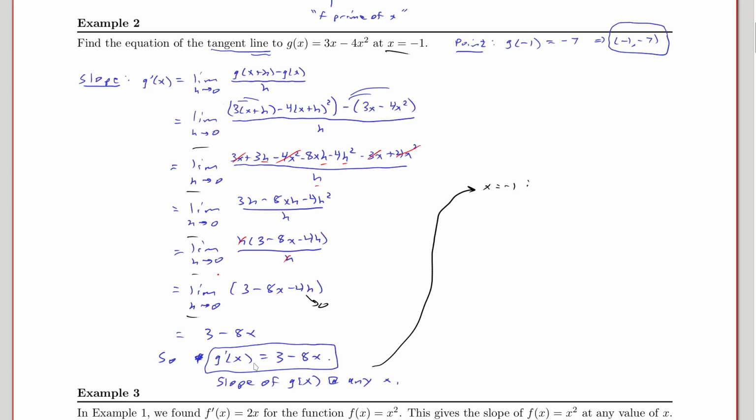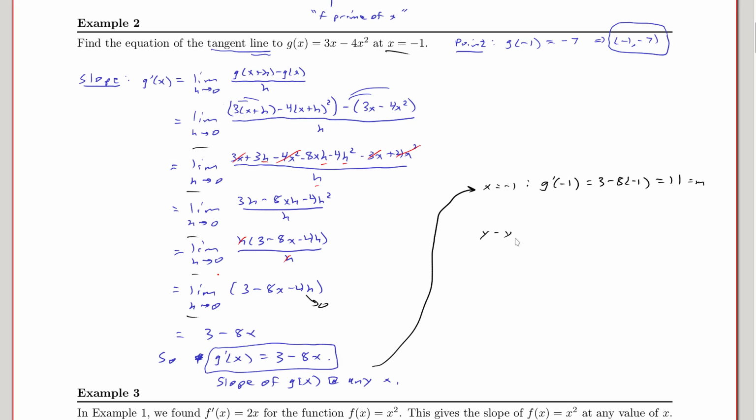And we use the derivative notation, the prime notation, the same way as any other function notation. So I would find g prime of -1, which would be 3 minus 8 times -1, or 11. So this is my slope for this problem.